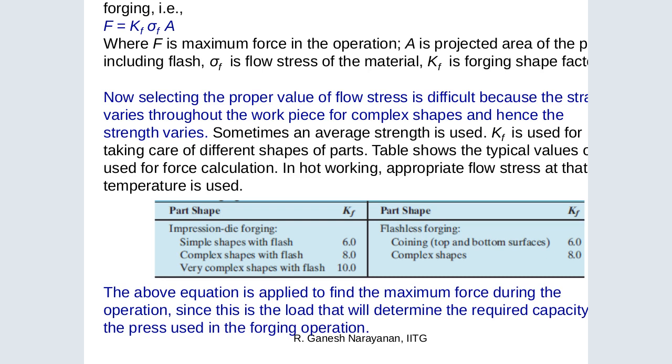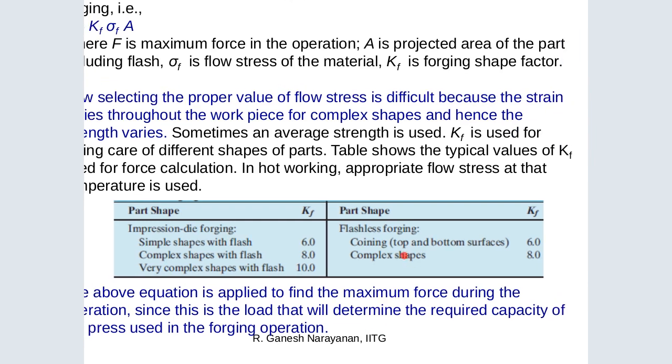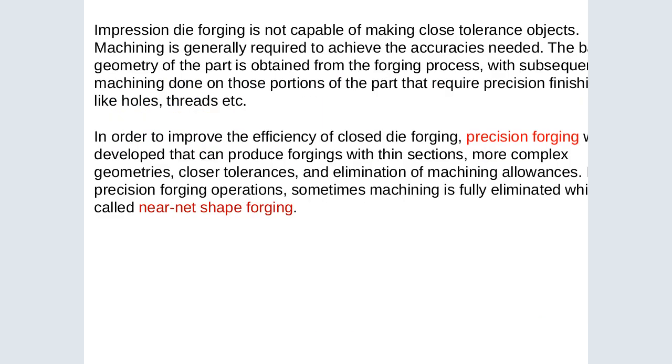So in impression die forging, we have the simple shapes with flash, we have the K factor to be 6.0, and as I said, K is normally a constant that is normally given. And then the complex shapes with flash have 8.0, and the very complex shape having 10.0. So the above equation is applied to find the maximum force during the operation, since this is the load that will determine the required capacity of the press used in the forging operation.